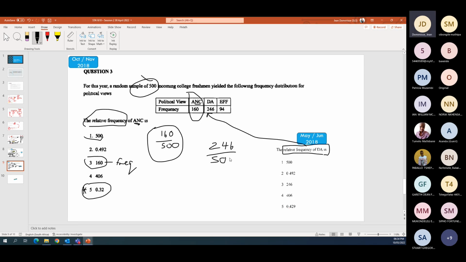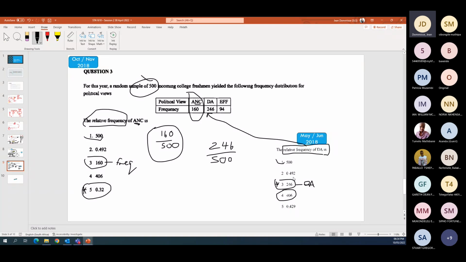Again, they give you the sample, and they give you the frequency of the DA, but you want the relative frequency.